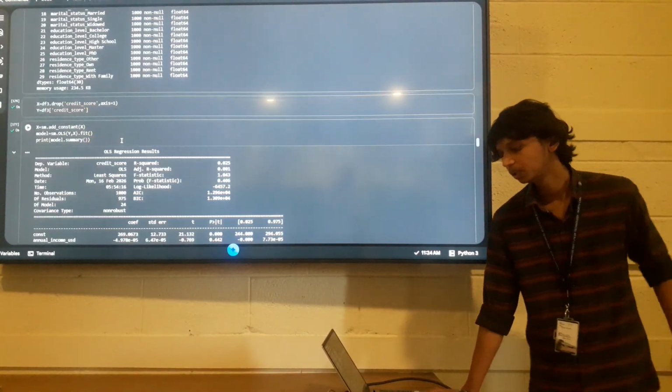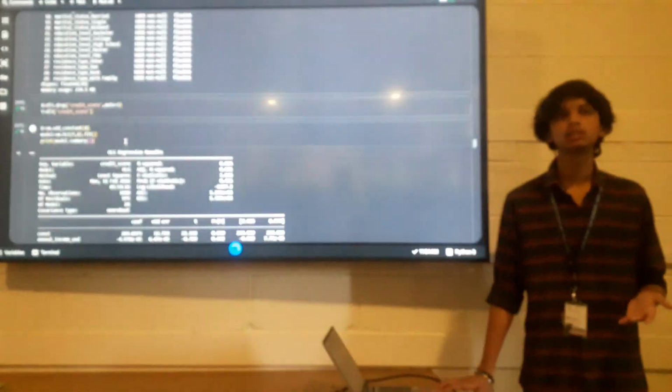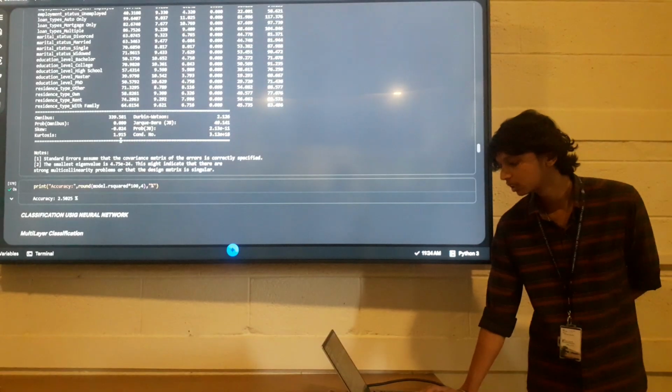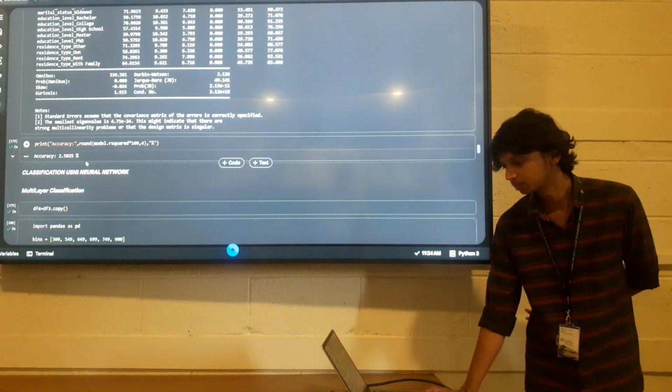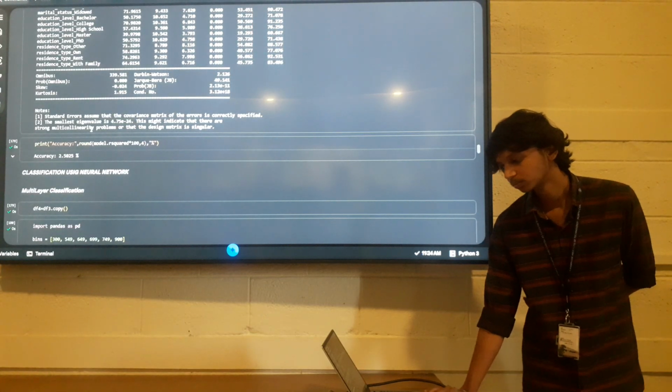Next, we included all the variables in the X, and in Y it is the target value. Then we saw a certain increase of around 4 times, which is 2.5.